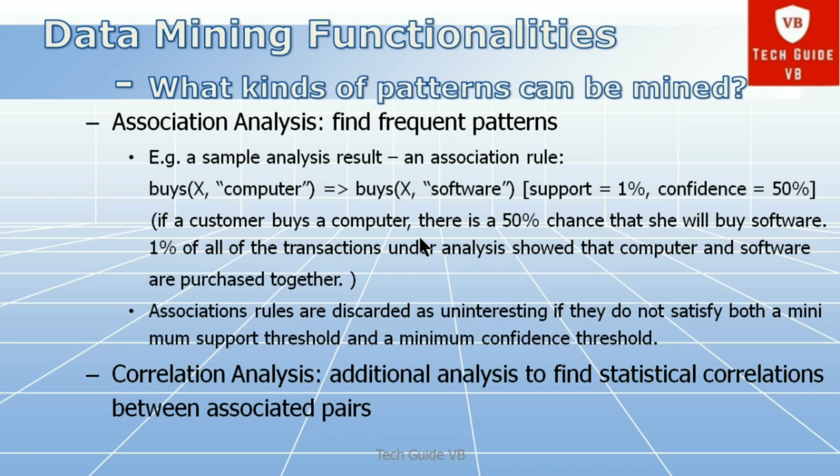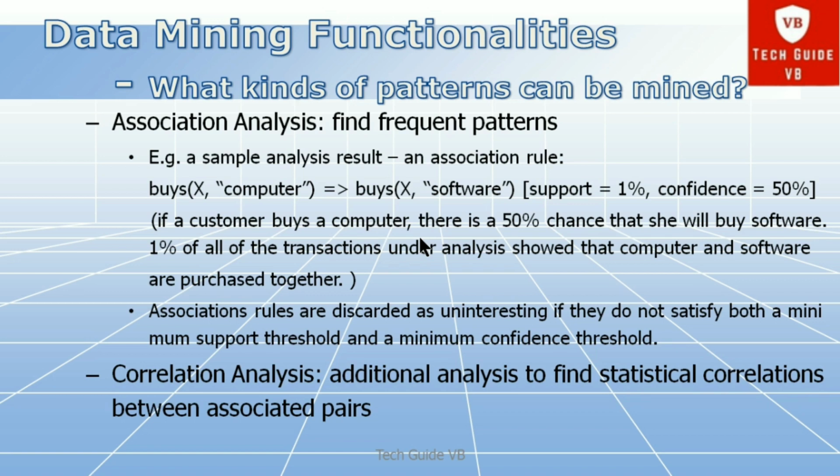So this example tells that there is a 50% chance, because there is a confidence of 50% given here, that the customer who buys a computer also buys software, because without software the computer is useless.